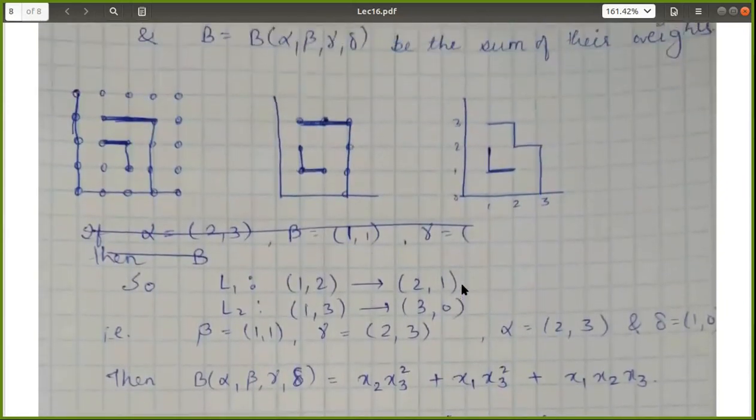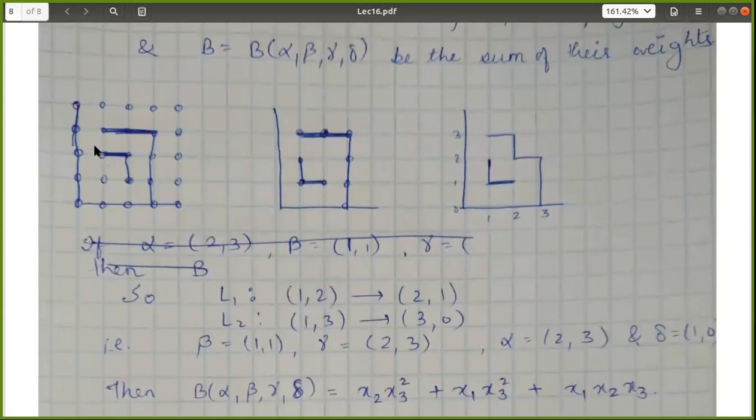What is the horizontal weight of this? x2. The weight of this lattice is x3 squared, and the weight of this lattice is x2. So the weight of this two path is x2, x3 squared.